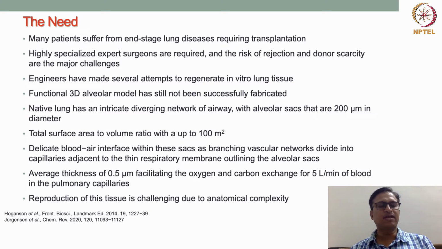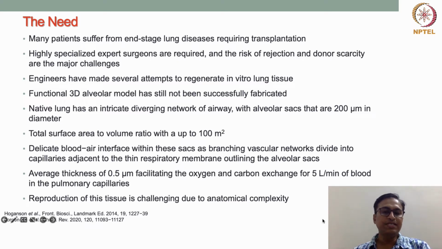So at that high speed, 5 liters of blood can pass through this network in a minute, and oxygen diffuses from the air to the blood capillary area, while carbon dioxide diffuses in reverse, from the blood to the air space in the alveoli.